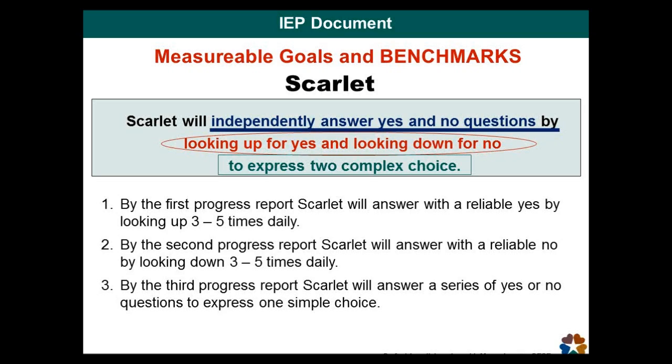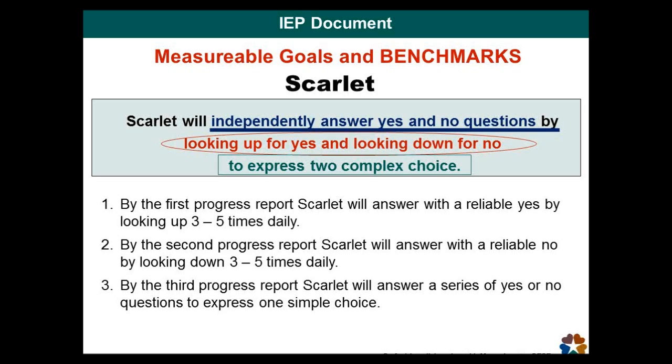So by the second progress report, we're going to have her just be focusing on answering no. Okay? And then by the third, we're going to hope that she's able to answer yes or no to express one simple choice, thereby building us up to ultimately having her express two complex choices. Okay? So those are 3 examples of measurable goals.